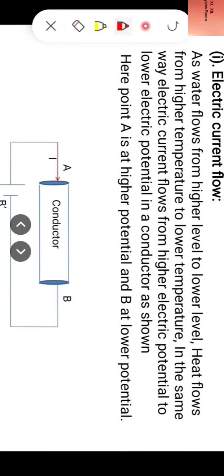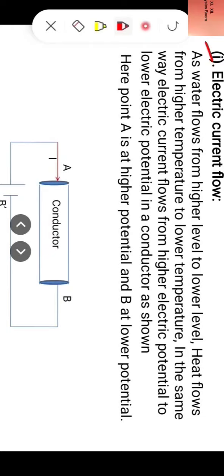First, electric current flow. As water flows from higher level to lower level, heat flows from higher temperature to lower temperature. In the same way, electric current flows from higher electric potential to lower electric potential in a conductor, as shown in the diagram.